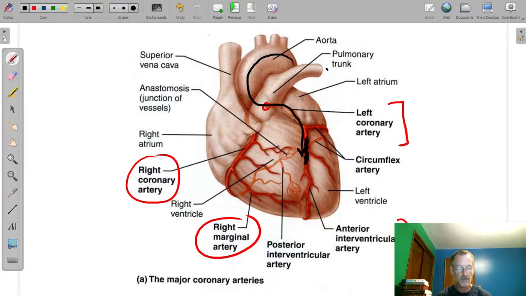Okay, well that's not for this class. And that's it. I hope this is helpful for the basic picture of the coronary circulation, perfusing the heart tissue.